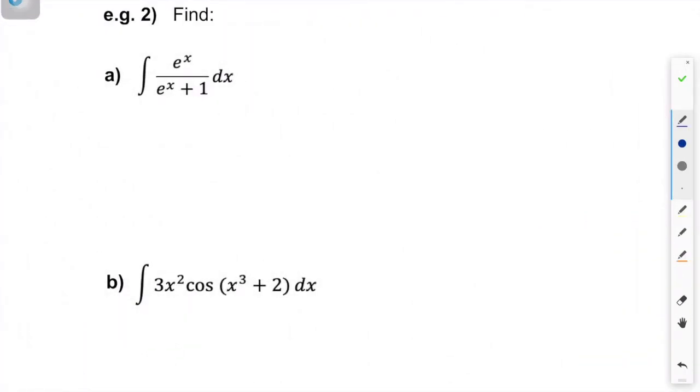Number 2, 2a. Let's take a look at the integral of e to the power of x over (e to the power of x plus 1) dx. What will be a useful substitution? To me, if I let u be e to the power of x plus 1, then du is e to the power of x dx.